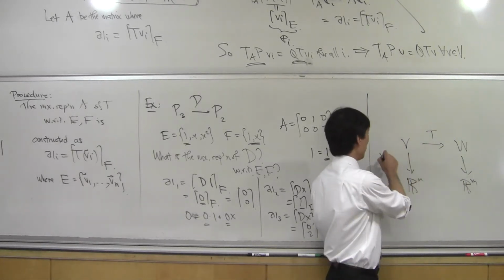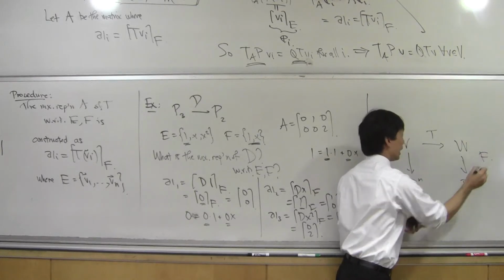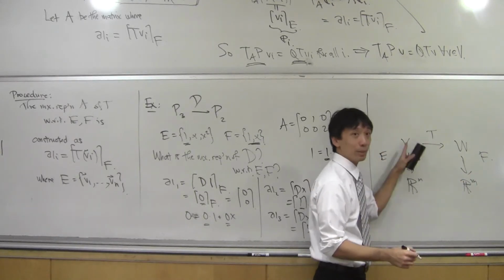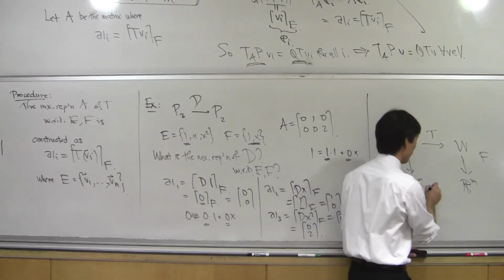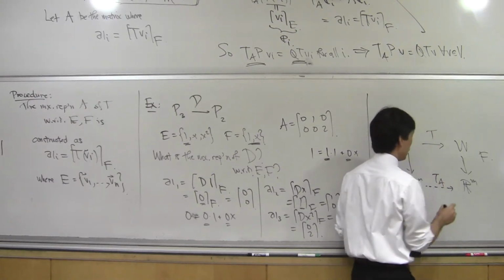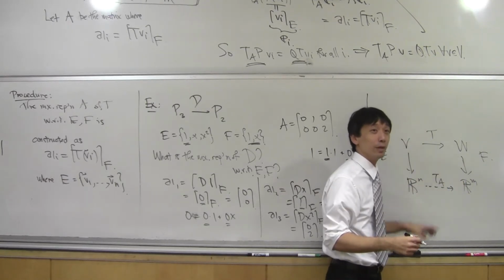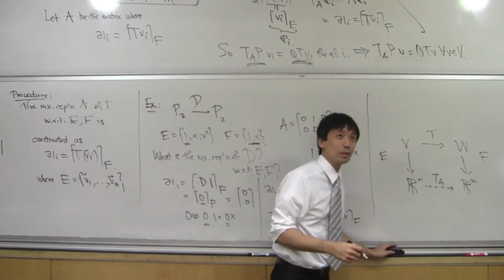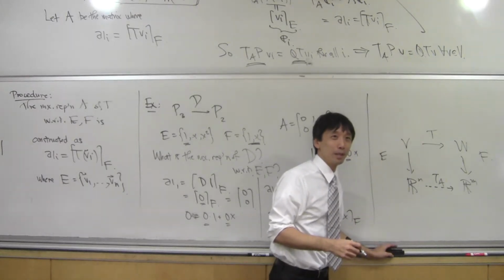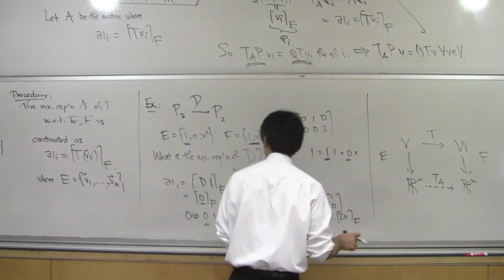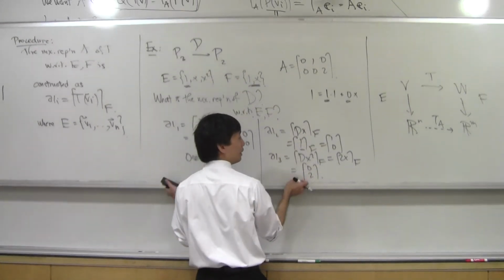You have bases, and you have the coordinate maps going down like this. And we're looking for a map that makes this thing happen. That's kind of different, but in fact it's really closely related. So you're actually hitting on something that I should have mentioned.